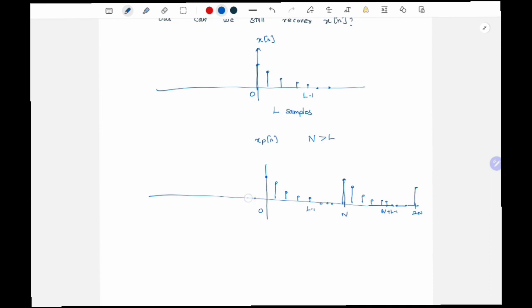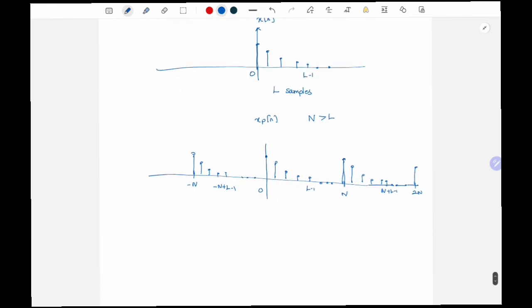And in the reverse side it will start from minus N and go up to minus N plus L minus 1. So in this case, to go back from xp of n to x of n, what do you have to do? Your x of n is nothing but your xp of n in the region 0 less than or equal to n less than N, and 0 for n greater than or equal to N, right?